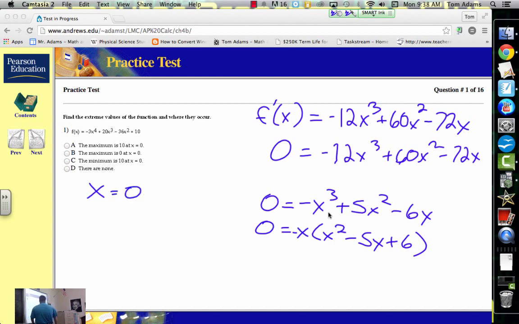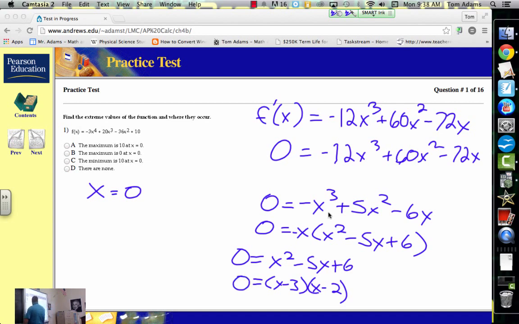And for the other x's, I set x squared minus 5x plus 6 equal to 0, and when I factor that I get x minus 3 and x minus 2, because negative 2 times negative 3 equals 6. When you add negative 3x plus negative 2x, that gives me the middle term of negative 5x.